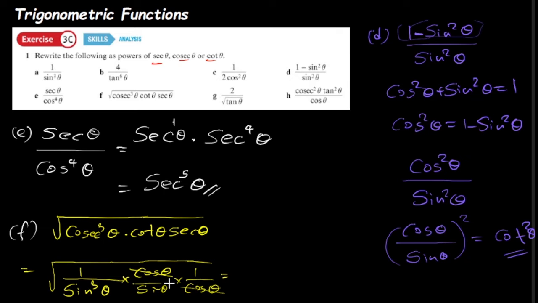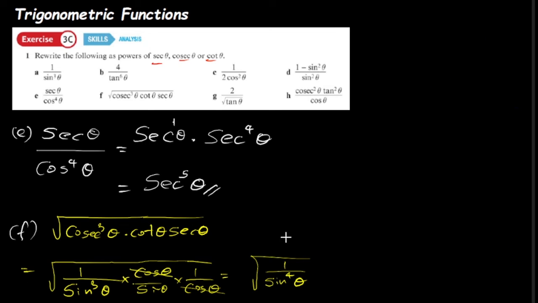And this is going to be equal to square root of 1 over how much? Sine cube and one sine here, so sine power 4 theta. 1 over sine power 4 theta.